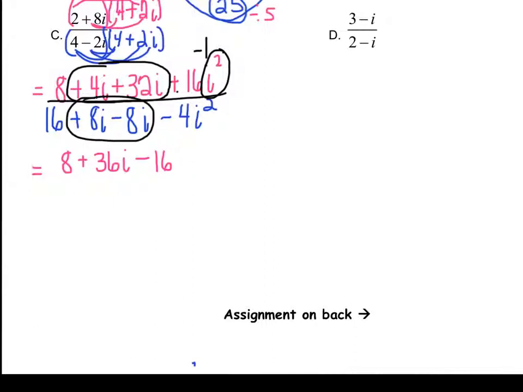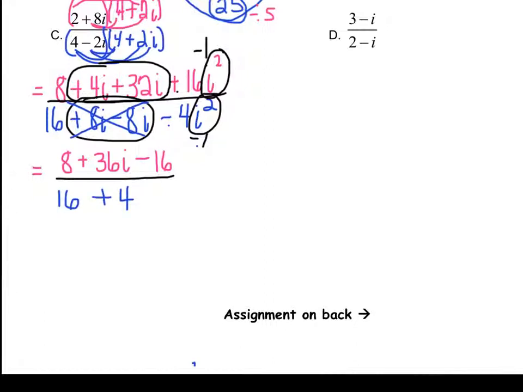Now I'll simplify the bottom. These are like terms, so we can combine those, and we'll replace that I squared with negative 1. So what we will end up with is the 16. The positive 8I minus 8I cancels out completely. And when we simplify negative 4 times negative 1, we'll get plus 4.